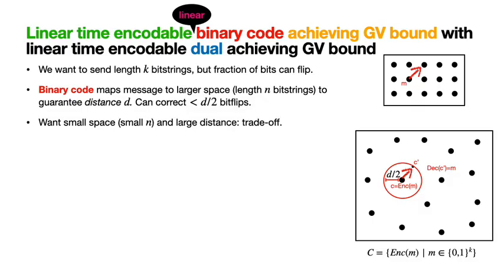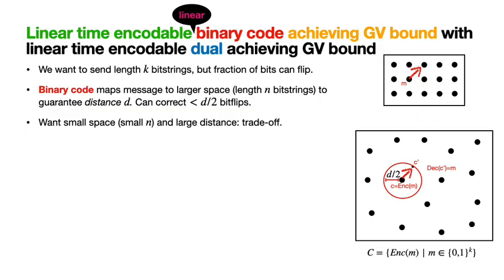This presents a trade-off between the size of a code and the distance. We want the size of our code to be as small as possible, which means that n, the length of the encoded messages or code words, is small. But obviously, if you make the size smaller, you're pushing the code words closer together, which decreases the distance.